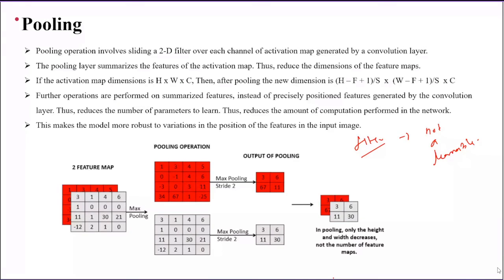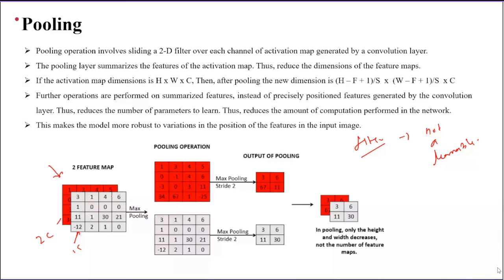So after this convolution operation, you have two feature maps. This is the first channel, and this is the second channel. This is our feature map, because here we are using two filters to produce it.